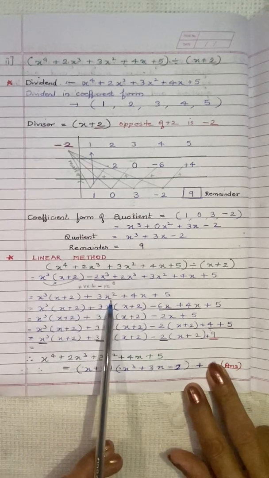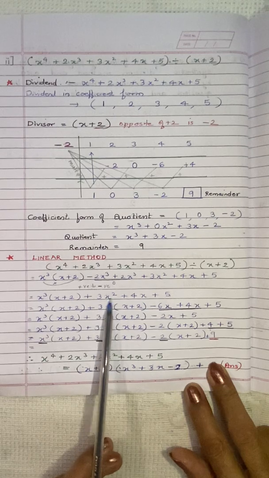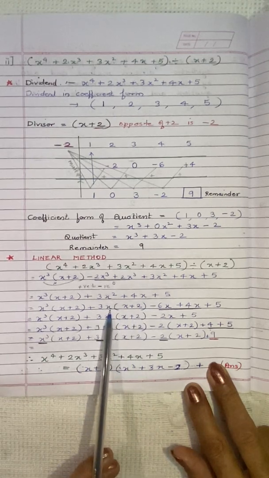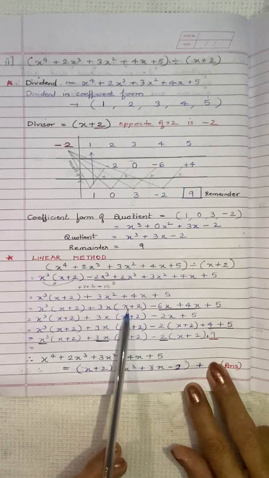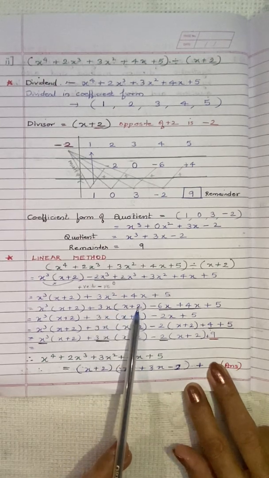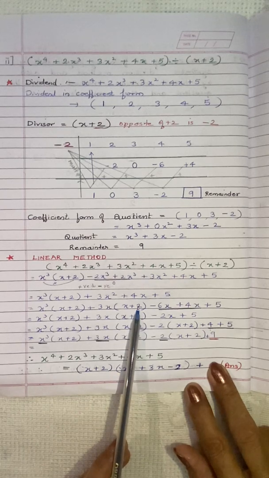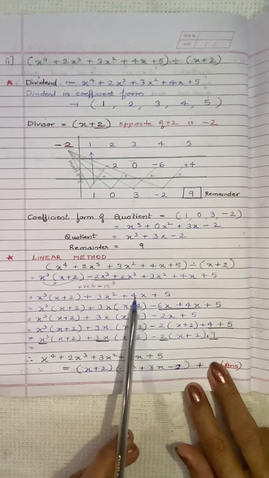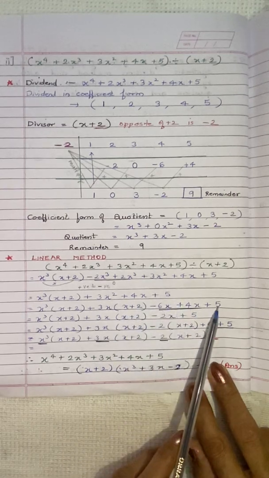Then again we'll split this as x into x, and the 1x we will replace by the divisor. So 3 into bracket x plus 2, and then we'll multiply this 3x and 2, both are positive, so it is 6x. We'll change it to negative and copy the rest of the terms, 4x plus 5.